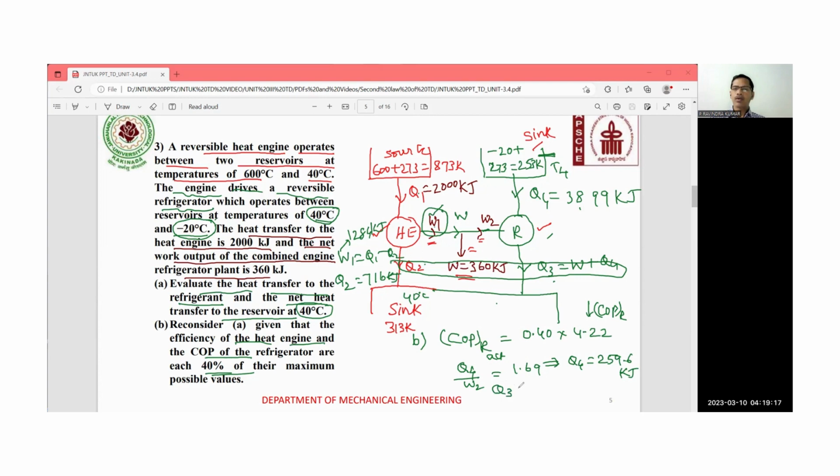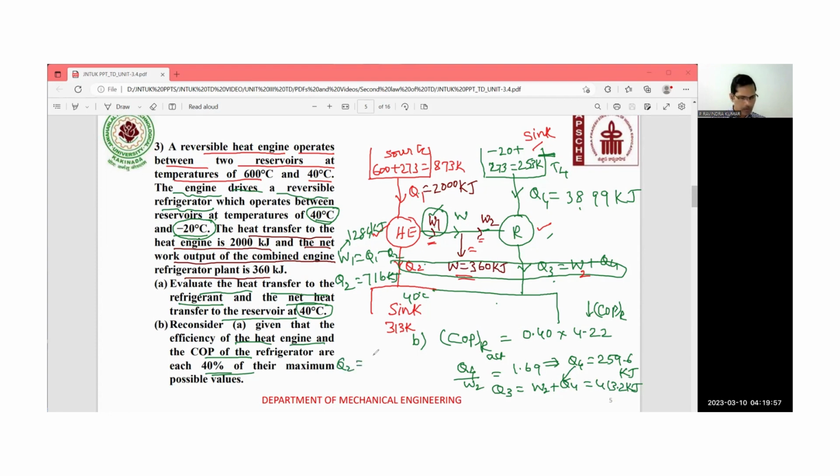Q3 is equal to W2 plus Q4. If you solve this, you will get Q3 as 413.2 kilojoules. In the same way, correspondingly, you can get the Q2 value also.